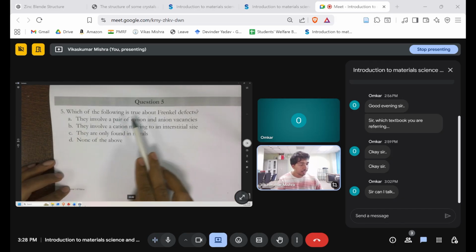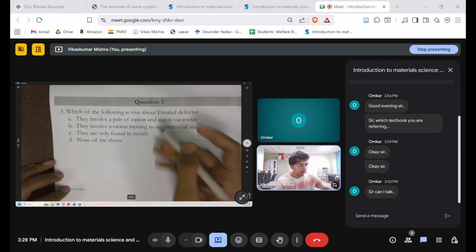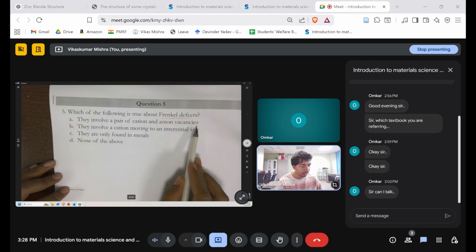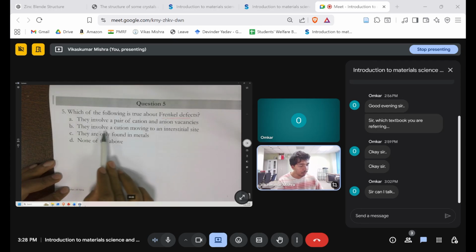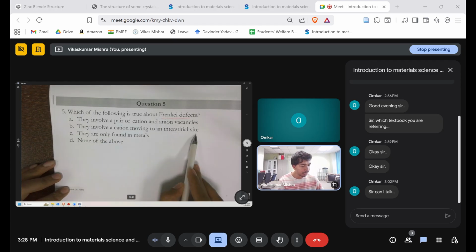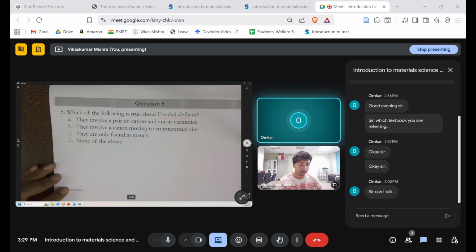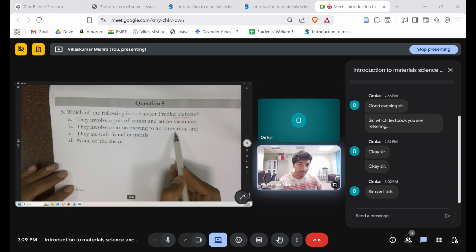Which of the following is true about Frenkel defects? It involves a pair of a cation and an anion vacancy. It involves a cation moving to an interstitial site. They are only found in metals. None of them. Cation will move to the interstitial site.